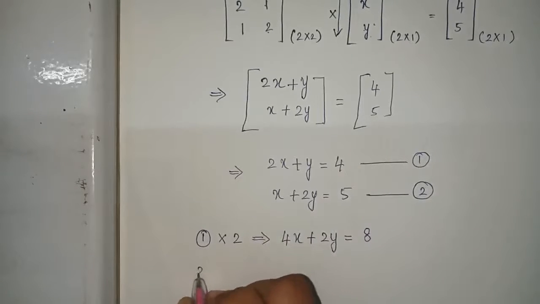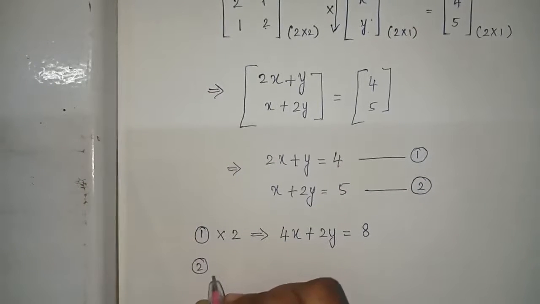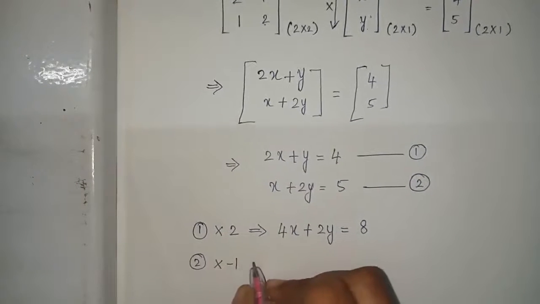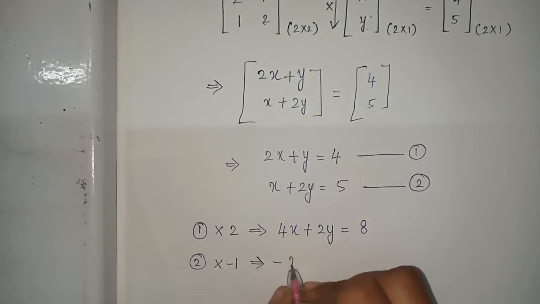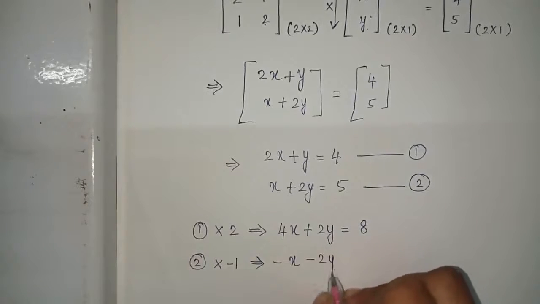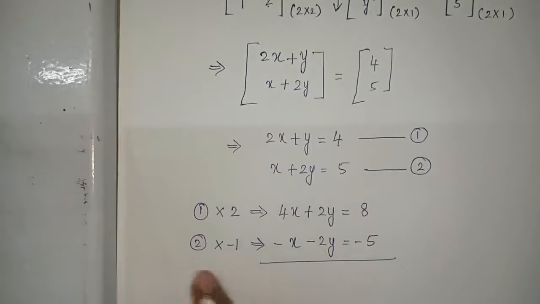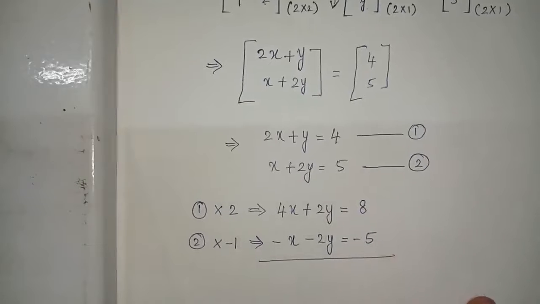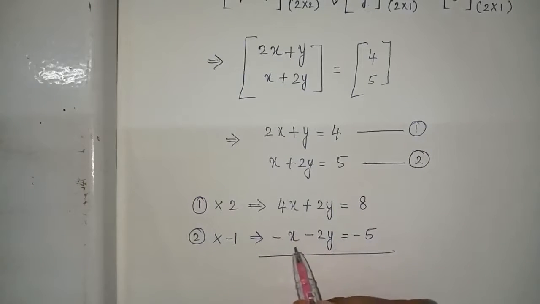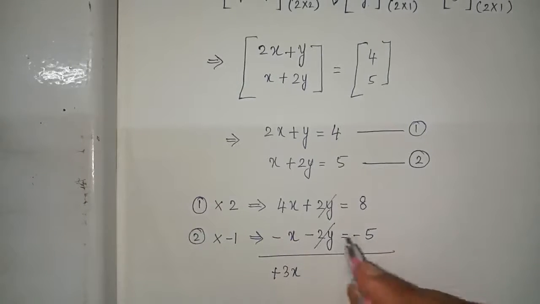Then second equation into minus 1 implies minus x minus 2y is equal to minus 5, or otherwise you just write the second equation as it is, then you have to subtract these two equations. So 4x minus x is 3x, 2y minus 2y gets cancelled, which is equal to 8 minus 5 is 3.